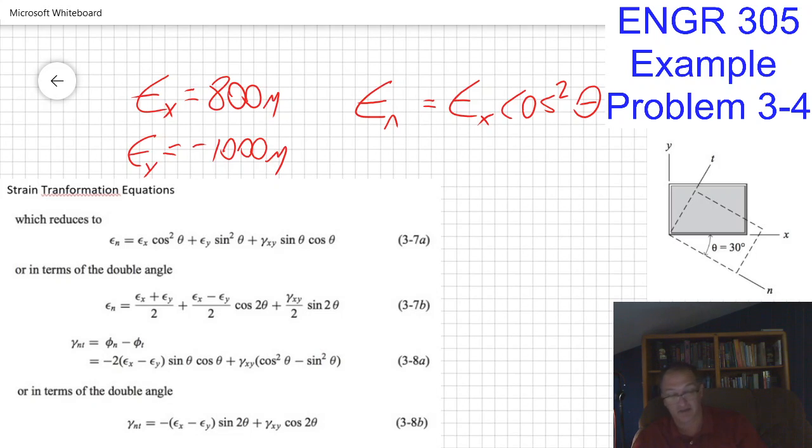So I get 800 cosine squared of minus 30, plus epsilon y minus 1,000 sine squared of minus 30, plus gamma minus 600 times sine of minus 30 cosine of minus 30. There you go.